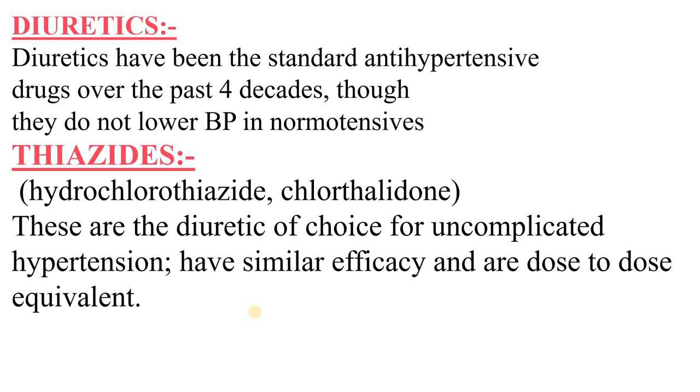These are the diuretic drugs of choice for uncomplicated hypertension. When the hypertension is uncomplicated, they have similar efficacy and the doses are equivalent. Thiazide, we should provide the patient hydrochlorothiazide and chlorthalidone.